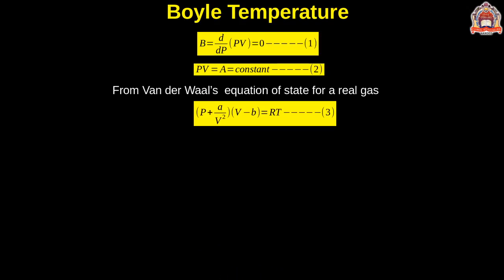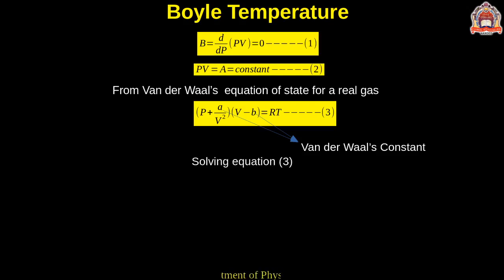So this is the corrected formula. Later we will discuss it in a special session. Here the terms A and B are the van der Waals constants. Solving equation 3, we get PV minus PB plus A by V minus AB by V square is equal to RT.